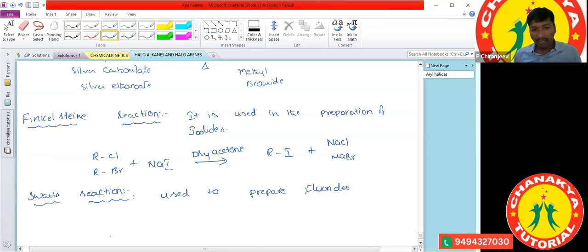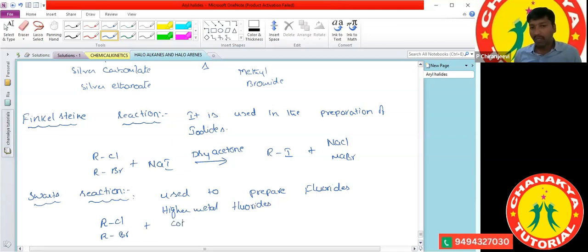How do we prepare them? Alkyl chlorides and alkyl bromides are treated with higher metal fluorides. What are the higher metal fluorides?